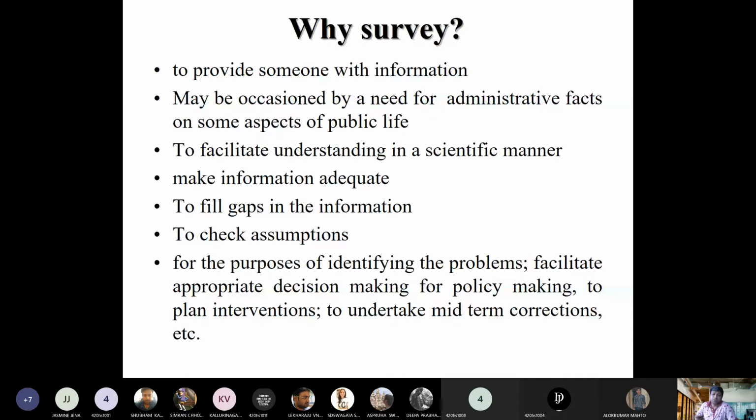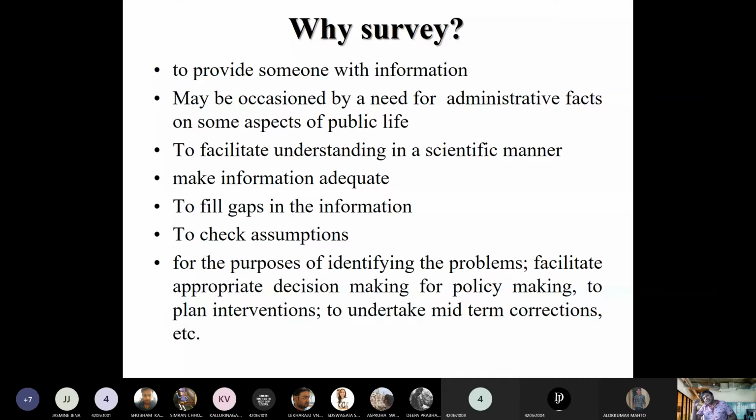Suppose you want to identify what are the major problems people are facing while collecting the non-timber forest products, what are the major problems they are facing while processing the products, what are the major problems they are facing in the process of selling into the market, and what are the major problems they are facing in the process of value addition. All these things will help you in identifying the major problems in particular aspects. So for that we need a survey.